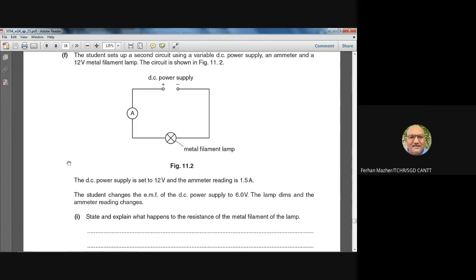So the lamp will become dim. When the lamp becomes dim, its temperature will drop. When the temperature of the filament lamp drops, its resistance will also decrease. So when the voltage reduced from 12 volt to 6 volt, the temperature of the filament will drop and its resistance will also decrease. That's why it has become dim.